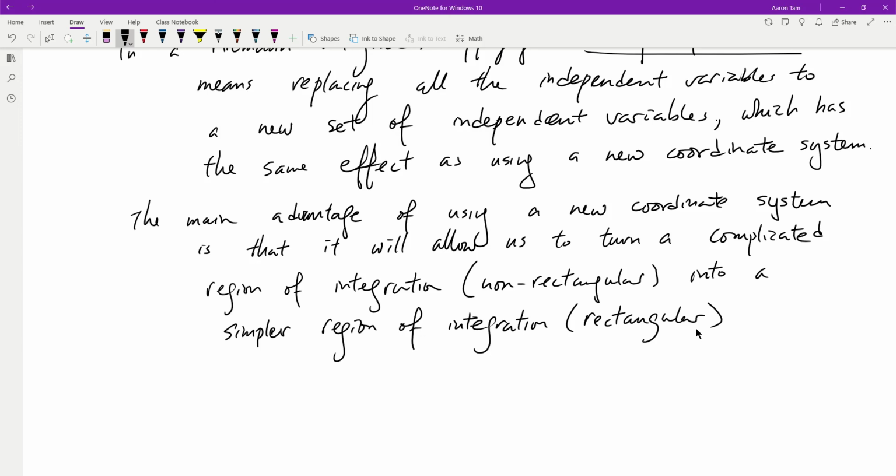So that's the main reason why we want to do a change of variable.